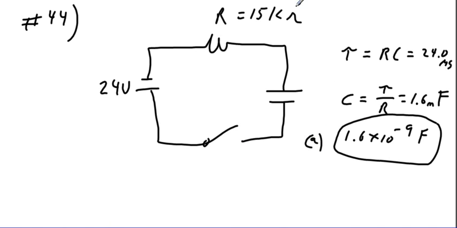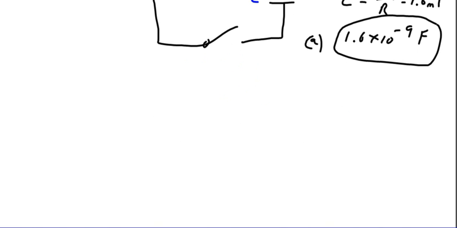Now, we know the voltage across the capacitor is Q over C. And we know the voltage across the resistor is IR. Okay, so now we're to the point of solving the B part of the answer.